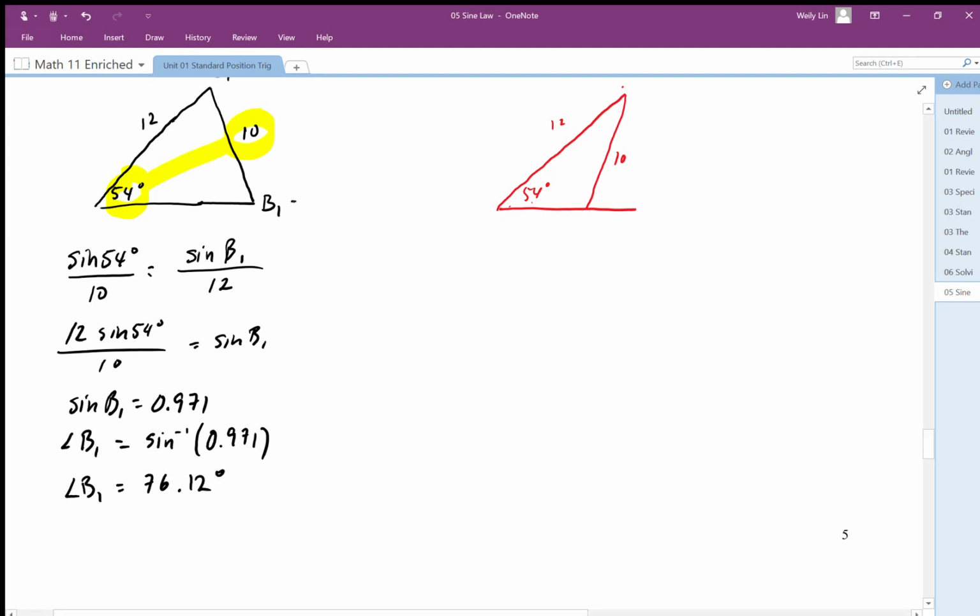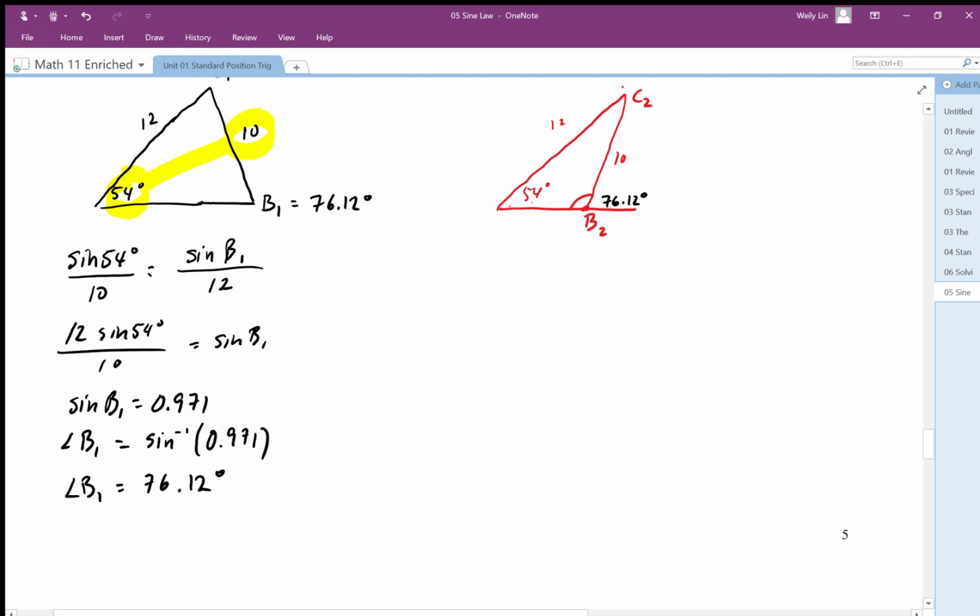Taking a look at B2 at this point, angle B2 and angle C2, angle B2 really is just the supplement of angle B1, because this angle in here that is not part of the triangle is the same as the angle that was solved. So there's my 76.12 degrees. To find my angle B2, this obtuse angle here is 180 minus angle B1.